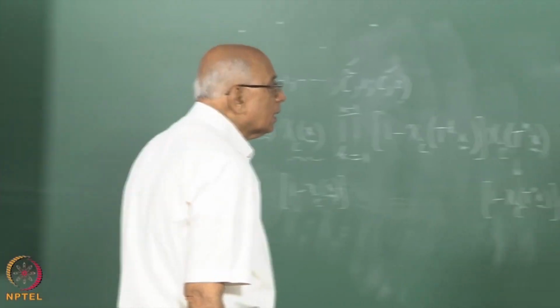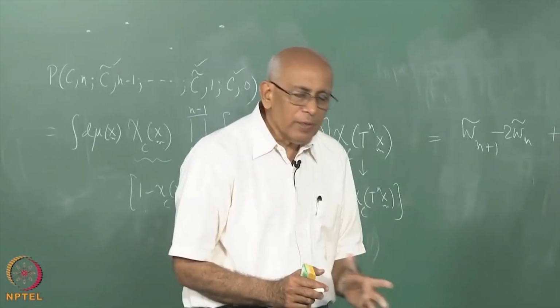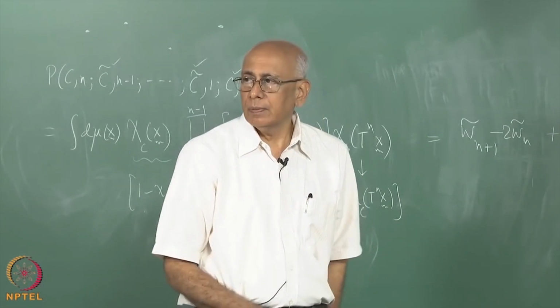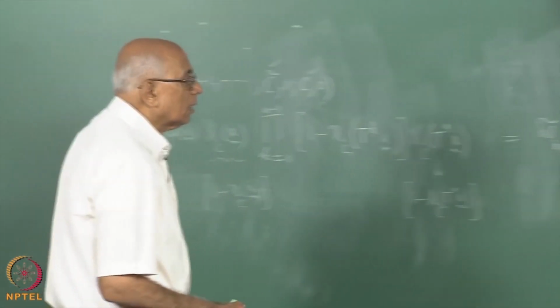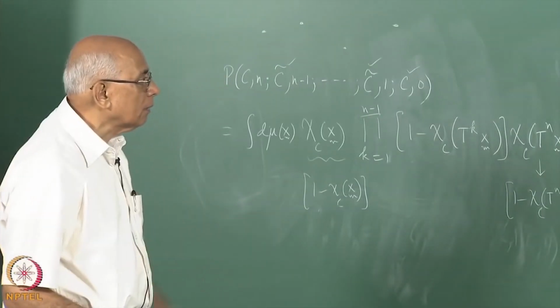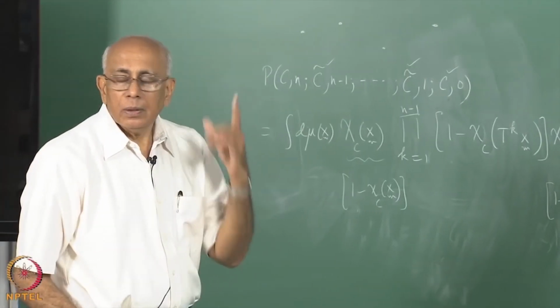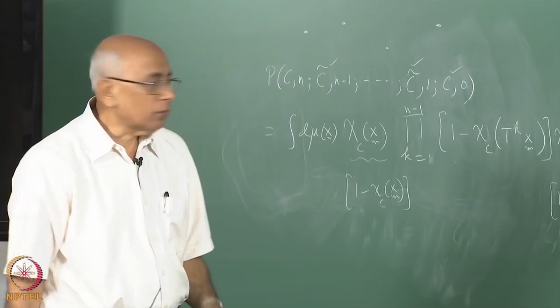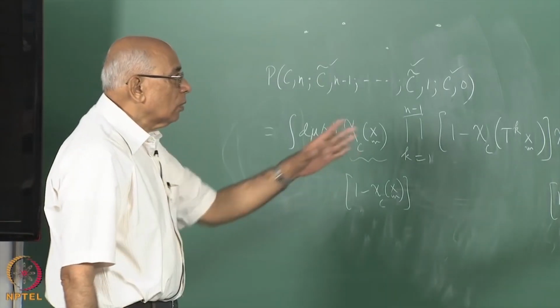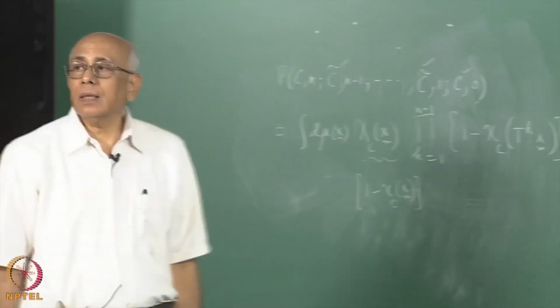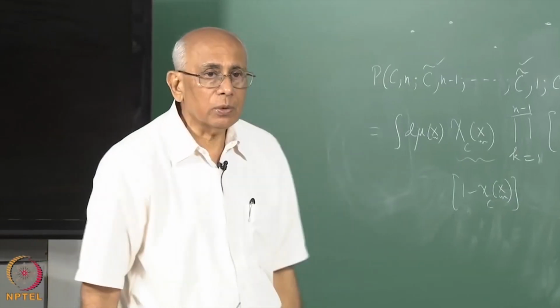So all that you need is that the system is in some region of phase space and it stays there forever. We do not care what kind of motion it performs inside there, but it should be ergodic. Given enough time it should visit the neighborhood of all points in this part of phase space. Then this follows at once. We need still to check normalization, we still need to check normalization. So let us do that.